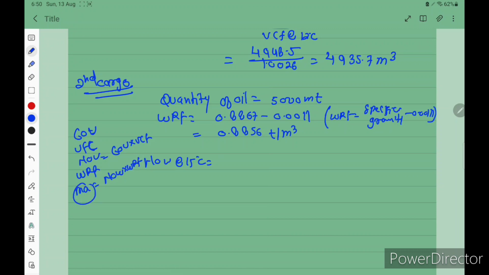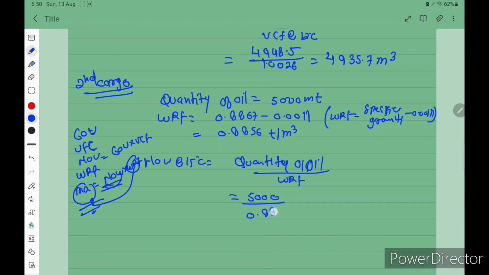So now we have mass and we have the weight reduction factor, we have to divide by this, so we get the net observed volume. So quantity of oil divided by weight reduction factor. Therefore 5000 divided by 0.8856, we get 5645.9 meter cube. This is at 15 degrees centigrade.